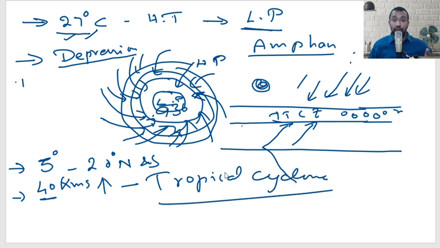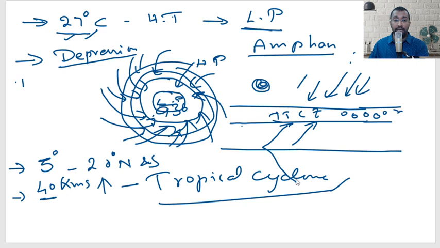So a depression with the minimum prerequisites, like higher temperature of waters, proper vortices, a good amount of Coriolis force and weak tropical disturbances, with a greater amount of winds converging at a faster pace into the low pressure system, if they are above 40 kilometers per hour in speed, is now considered to change itself into a tropical cyclone.